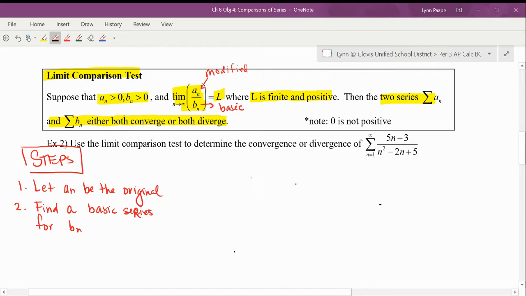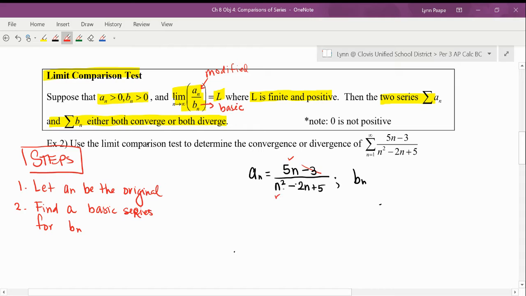So for this particular problem, an is going to equal my original, so (5n - 3) over (n squared - 2n + 5). Now for my basic series, I'm going to get rid of all of that extra stuff. I'm going to keep the 5n because that controls the numerator, and get rid of the minus 3.